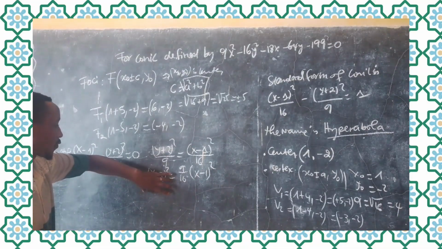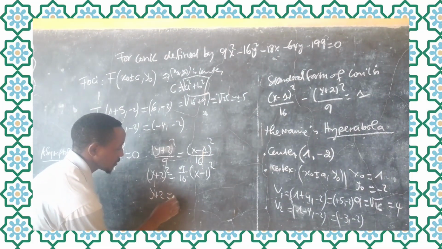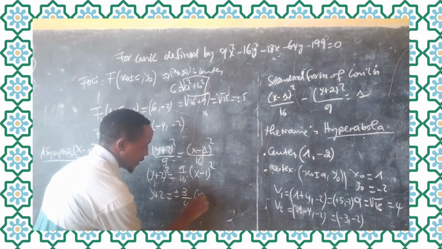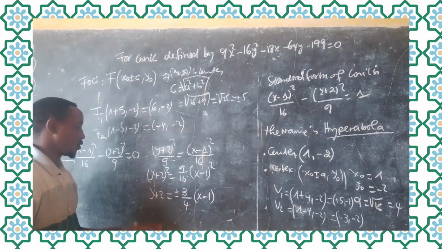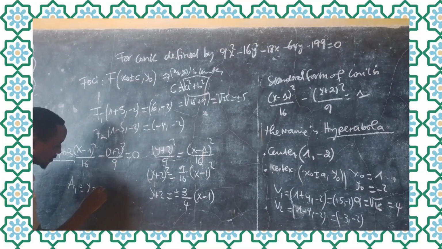When you find the square root of both sides, we see that y plus 2 is equal to plus or minus 3 over 4 times (x minus 1). So the asymptote number 1 is y equal to 3 over 4 x minus 3 over 4.